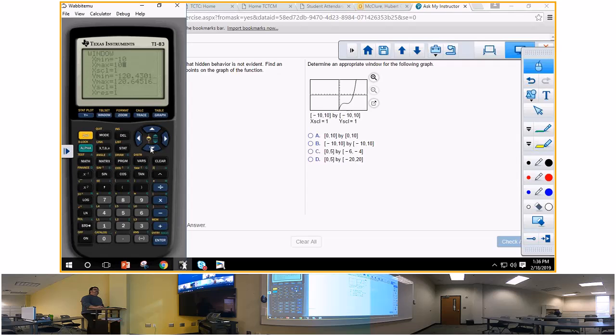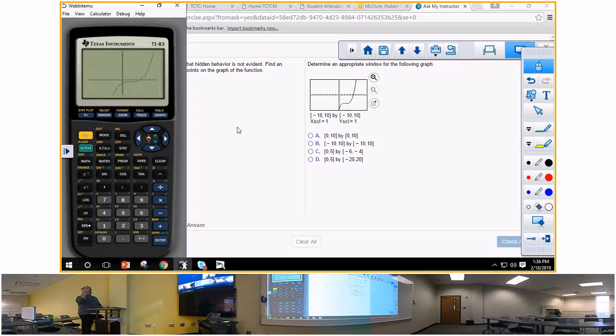We know our y-intercept is -10, so I'm going to put -50 for y min, and my y max 100. Then hit enter and hit graph. Now the window is set to my parameters. And that's how you use window.